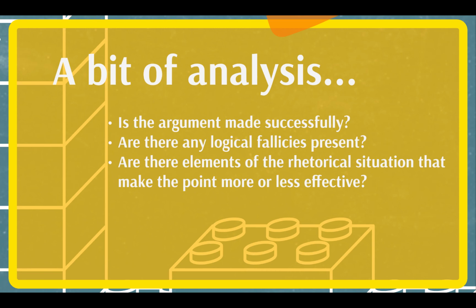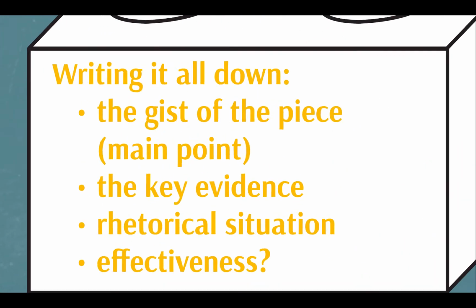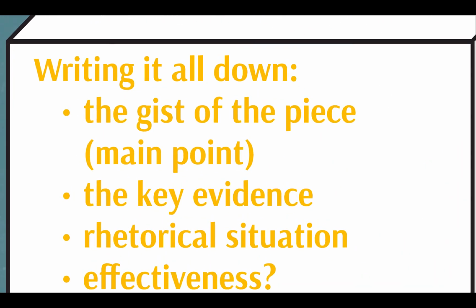Because when it comes to summary, the package that you deliver, the thing that you write down, is the gist of the piece, the main point, the key evidence, and perhaps elements of the rhetorical situation, who it's written to. This might affect whether or not it's successful or effective or not, but when you're creating the genre of summary, you're not being asked your opinion of the piece.